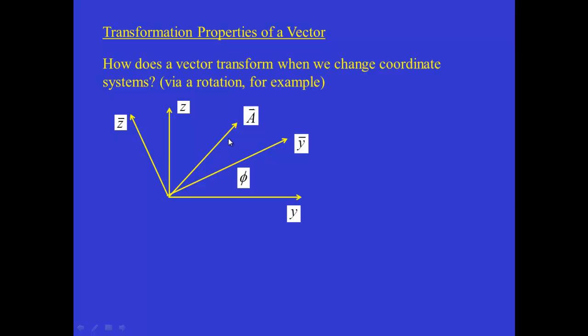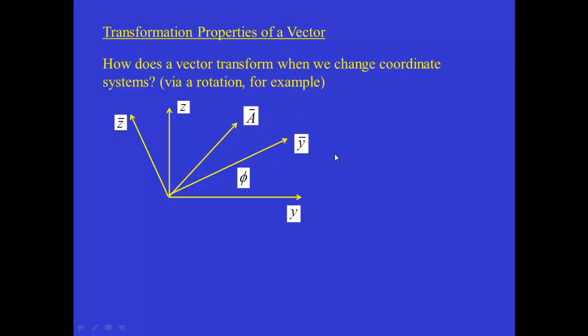The vector A has not changed. It is invariant. The rotation has merely affected the coordinate system. But clearly in this new coordinate system, the y and z components of A will be different than they were originally. So how are the new components in the bar coordinate system different from the old components?